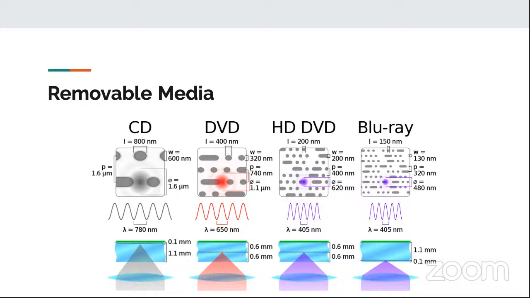Since we are talking about removable media, optical disks are also part of that list. These polycarbonate plastic disks have one or more metallic layers.